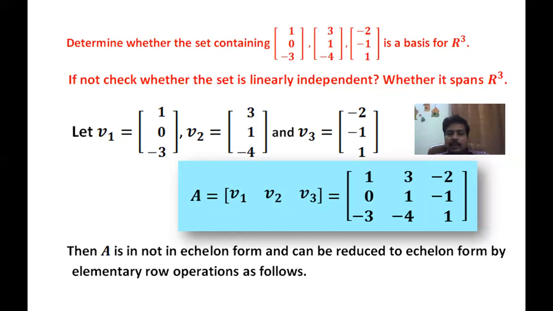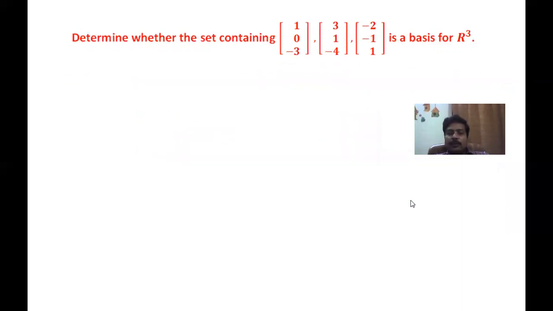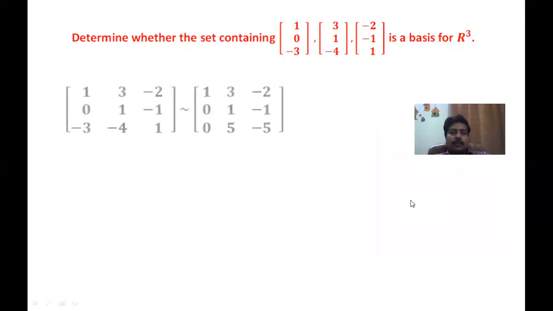Here A is not in echelon form, and it can be reduced to echelon form by performing elementary row operations. So we need to make it 0 first. Later we need to find a leading entry in the next row position. So let us perform the elementary operations.